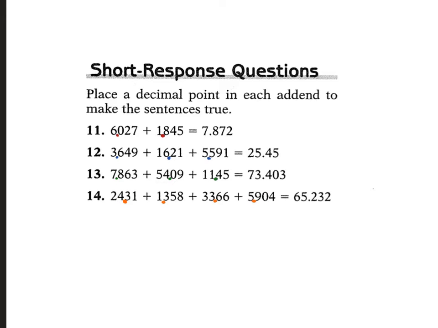So let's try this. So 24.31 plus the 33.66 gives us 57.97. That's close. So let's see if we add the 1.358, and that gives us 59.328 plus the 5.904 gives us 65.232. So it's literally just a guess and check kind of thing with these. The whole idea, what I am really worried about is if you know how to add and subtract these numbers.